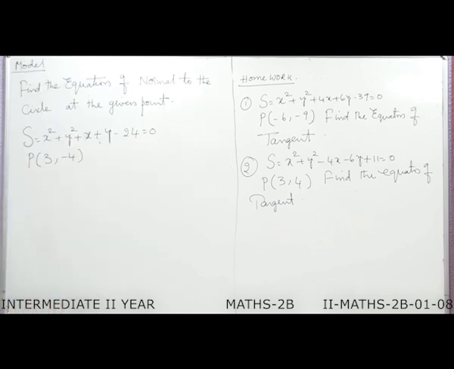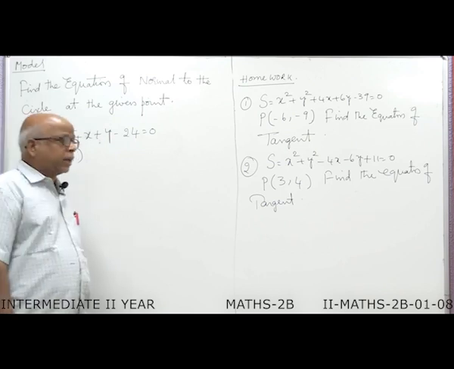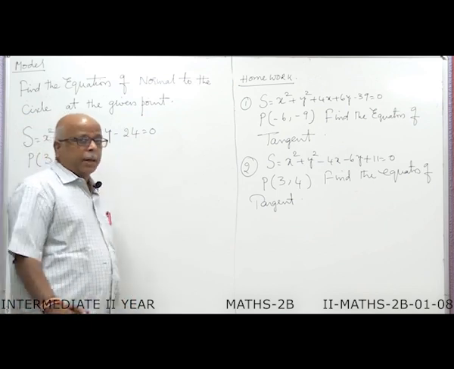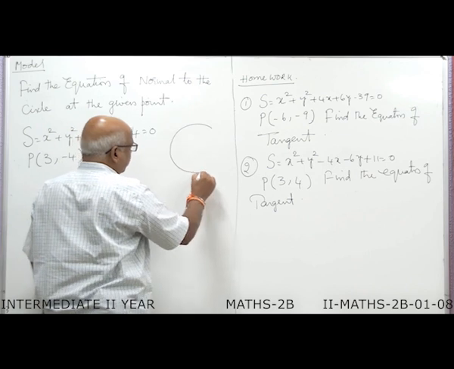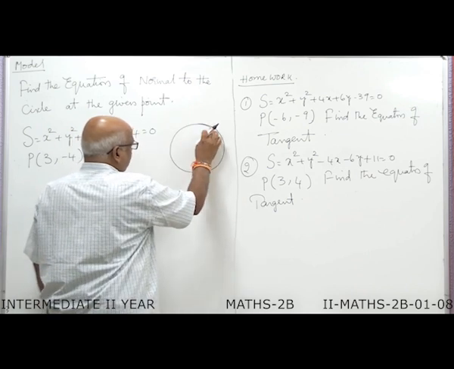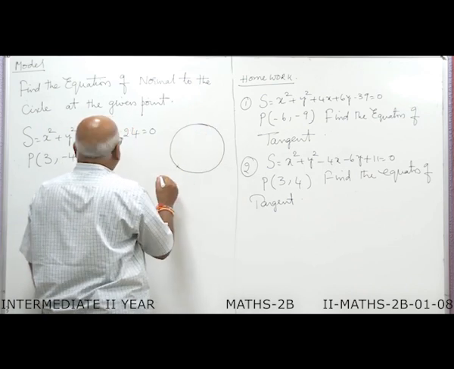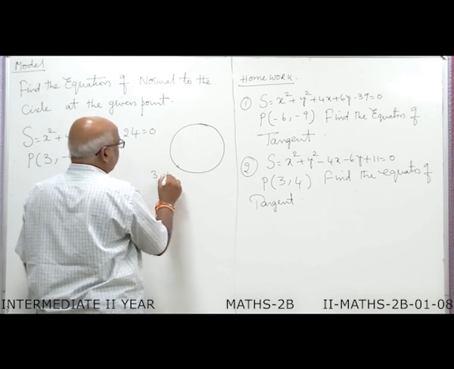Find the equation of normal to the circle at the given point. Here, the circle equation is x square plus y square plus x plus y minus 24 equal to 0, and the given point is (3, minus 4). If you draw the diagram, this is the circle, and here is the point (3, minus 4).